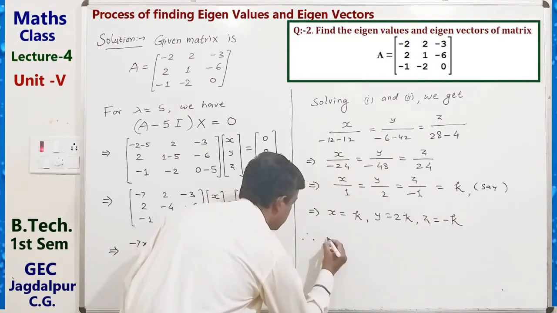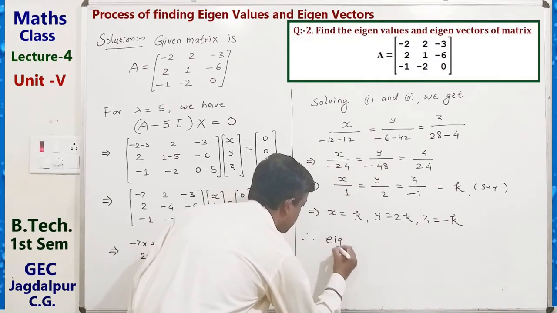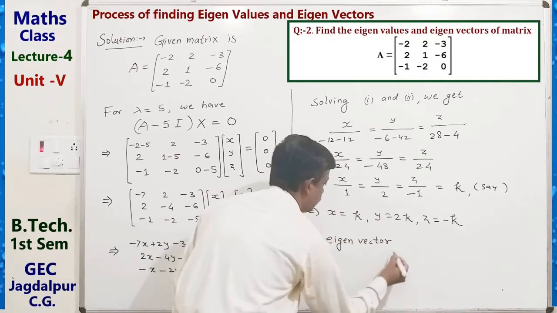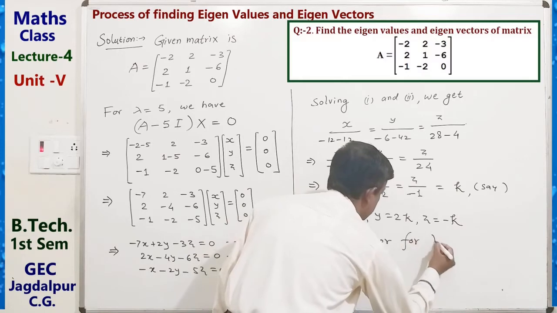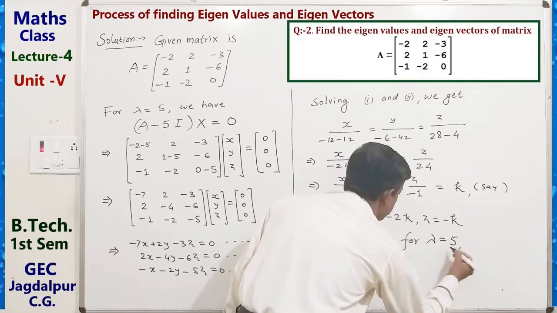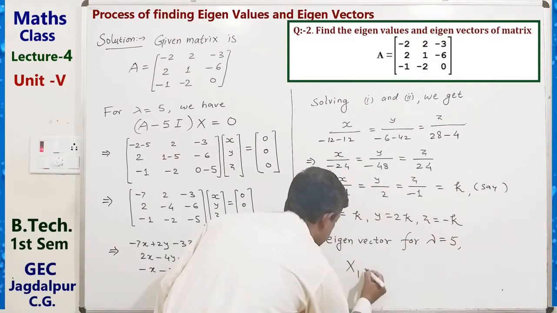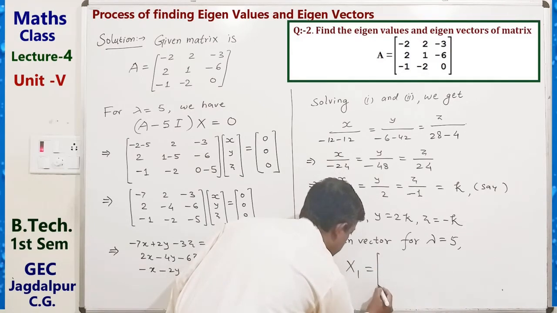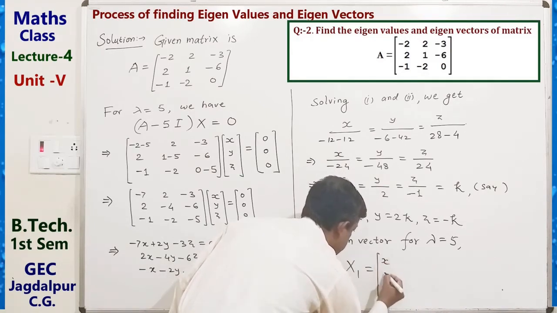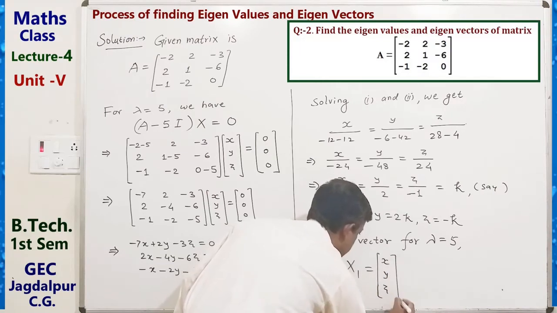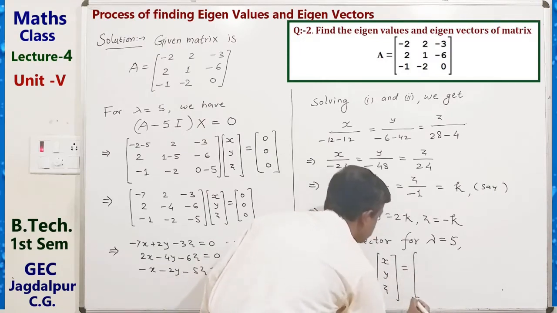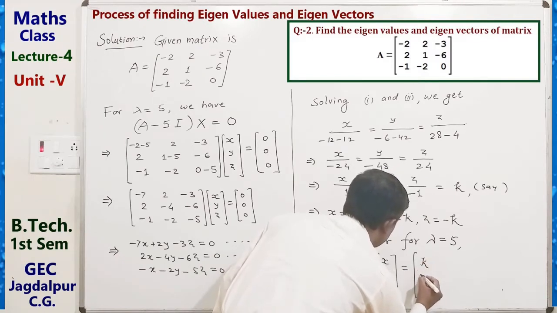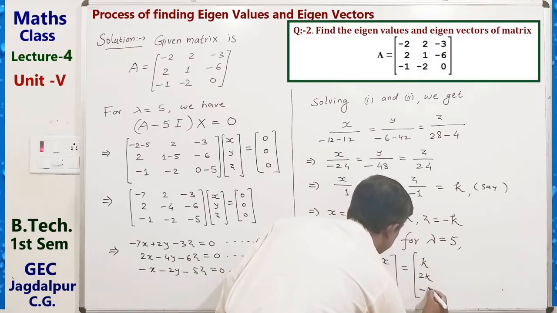Therefore, the eigenvector for lambda equals 5, x1, equals x, y, z equals k, 2k, minus k.